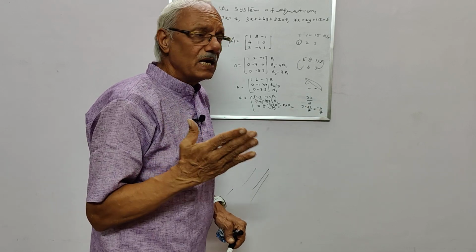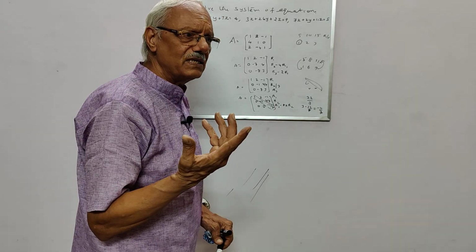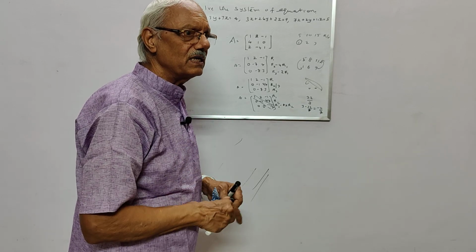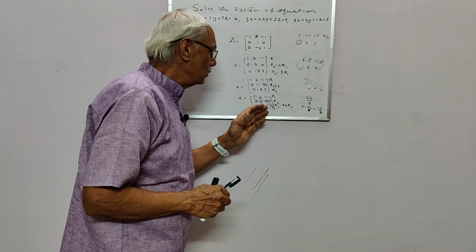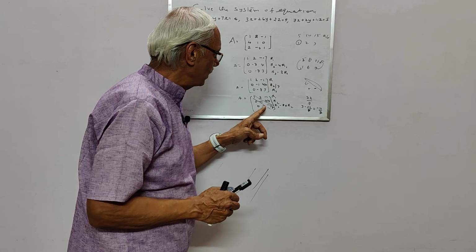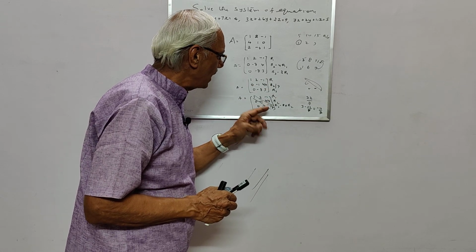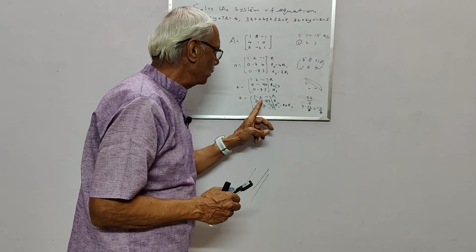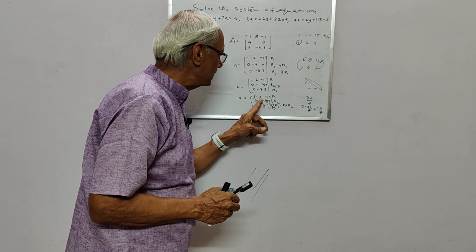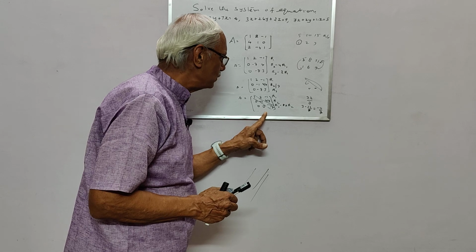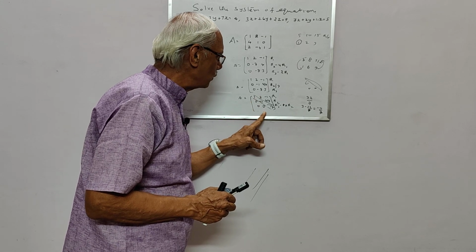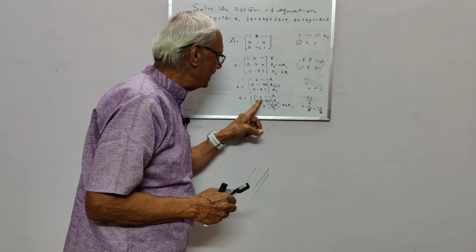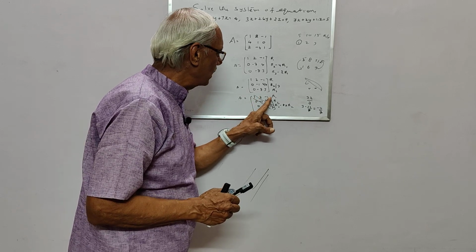Now the other way of doing it is this. You can go for other modes, you go for a column operation also. So you go for column operation in the sense that you divide the second column throughout by 2, so that you will get 1 here, then take away 1 minus 1.